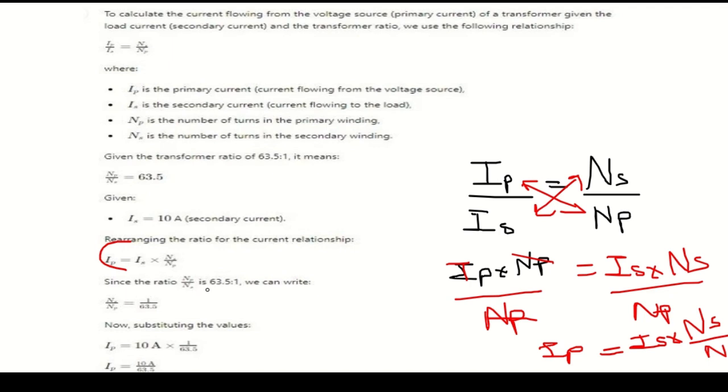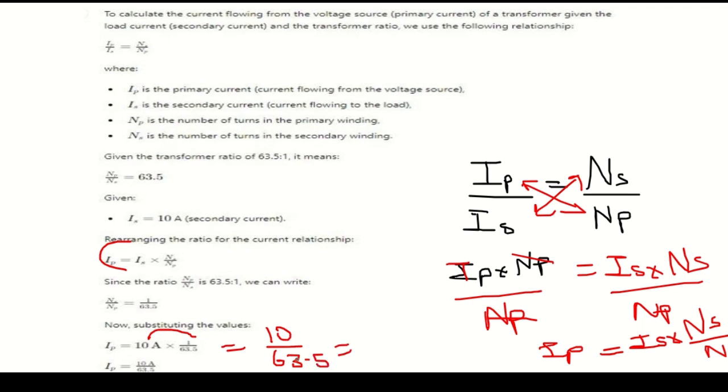Since the ratio is 63.5 to 1, we can now write NS over NP as 1 over 63.5, and we substitute the values. So we now have IP is equal to 10 amps, which is what IS is, over 1 divided by 63.5. When we cross multiply, 10 times 1 gives us 10 over 63.5.